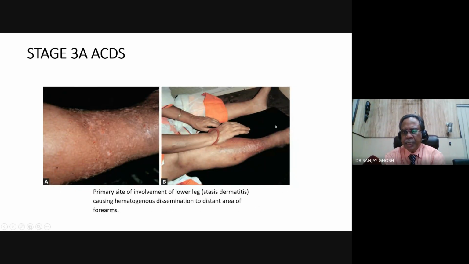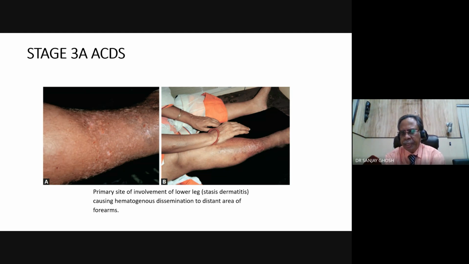This is stasis dermatitis, a very sensitive skin condition, and from that we can see distant hematogenous spread happening in the forearm. So we should be very careful in dealing with stasis dermatitis because these patients are very allergy prone. I've seen lots of topical products, emollients, topical antibiotics, even topical steroid itself. Topical steroid also can cause contact sensitivity, as you all know.